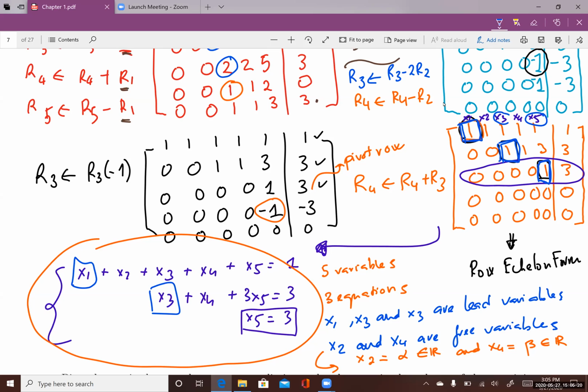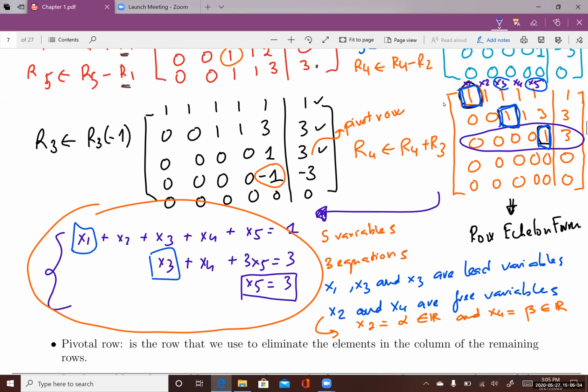Identify leading variables using your row echelon form; they are the variables that correspond to the first non-zero entry of each pivot row. And then once you have the leading variables, you can identify the free variables.